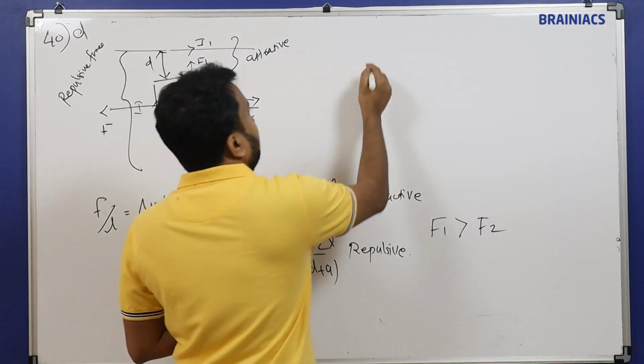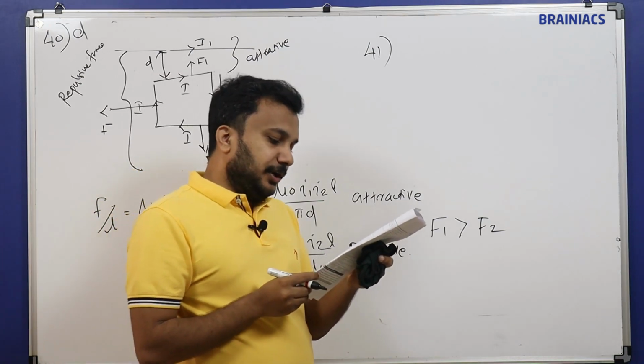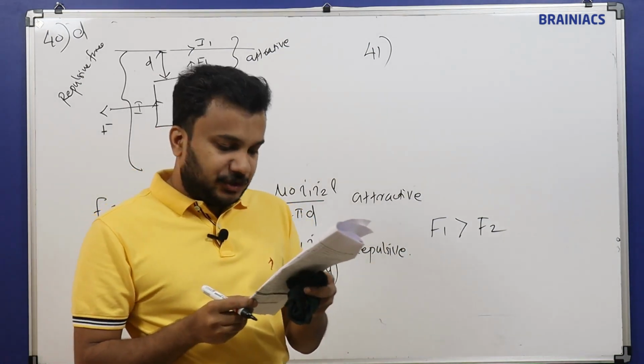Question number 41. Two coaxial solenoids of different radius are carrying a current I in the same direction.